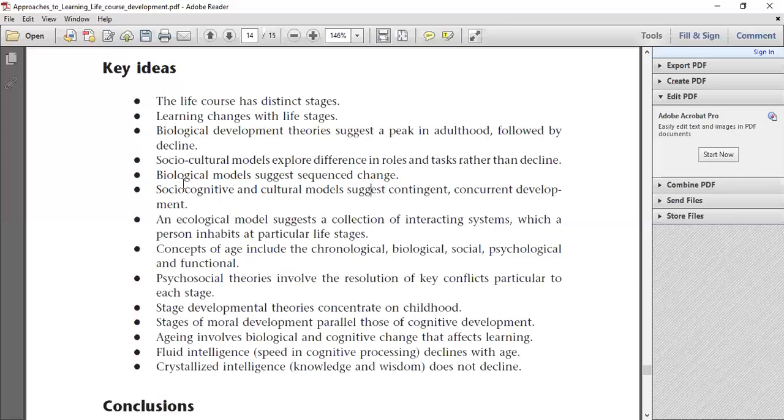So the cognition is also here. What are some of the things that you can do, some of the things that you cannot do, some of the things that you can understand, some of the things that you can learn. That is cognition. It doesn't decline as we grow older, but it increases, right?